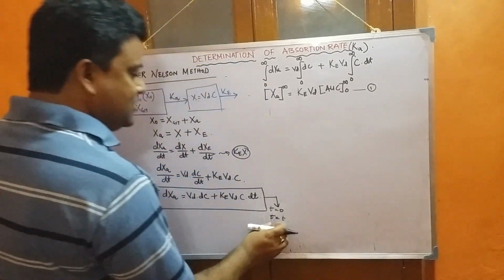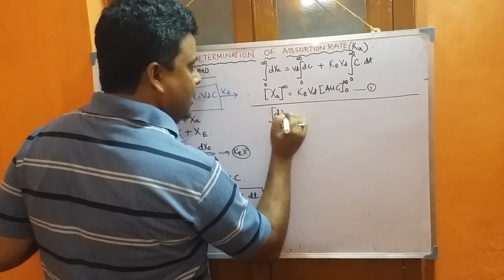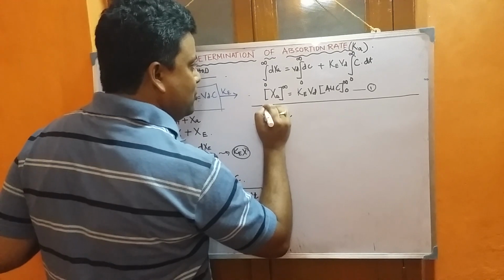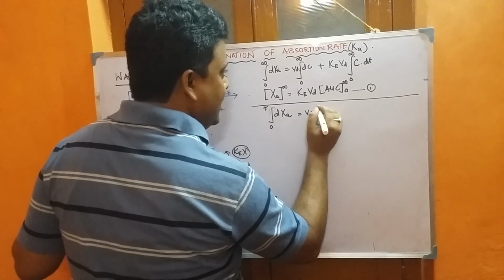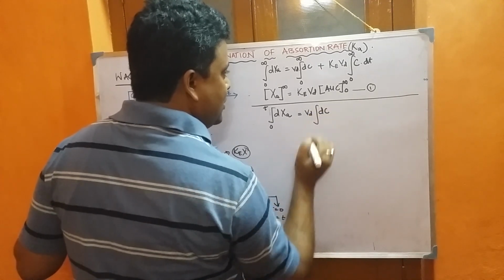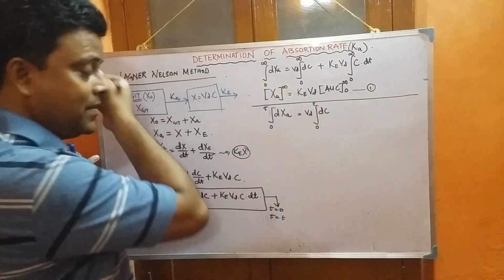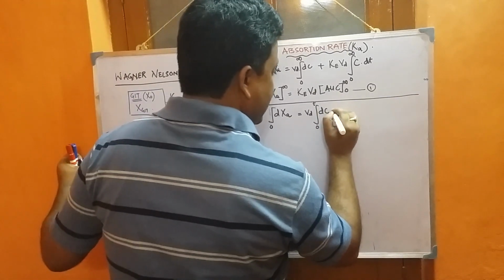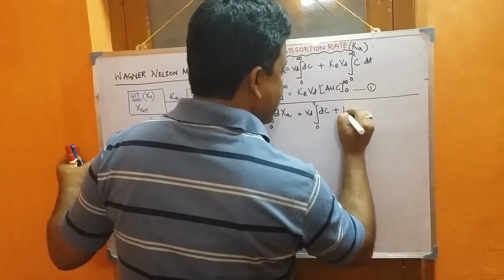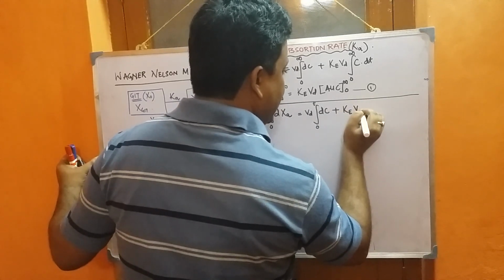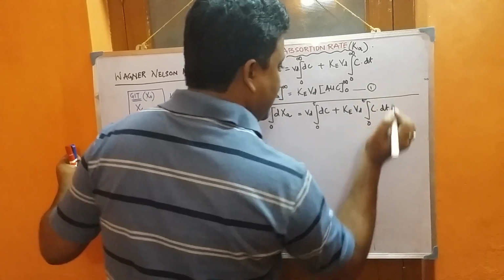If you consider this condition, we can write dXA 0 to t equals the same thing, Vd into dC 0 to t, plus Ke into Vd into CDT 0 to t.